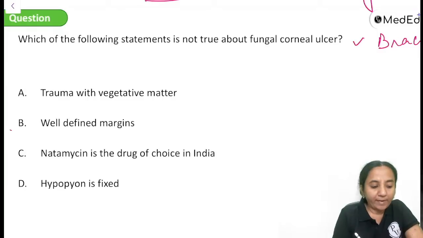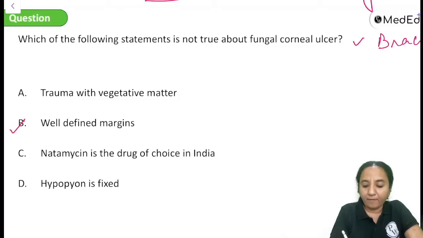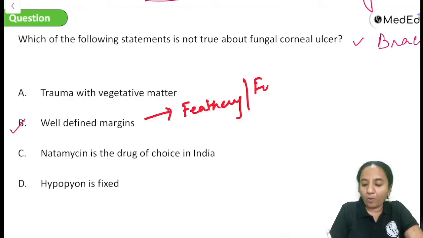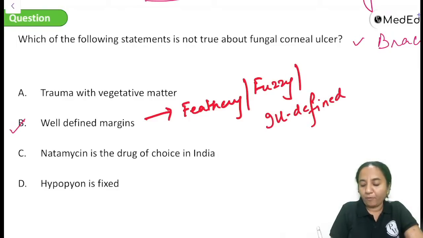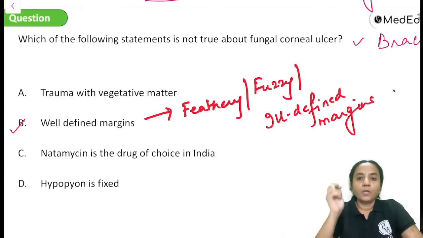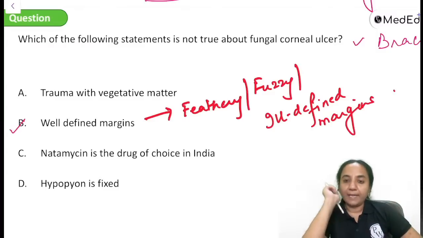The answer is well-defined margins. Well-defined margins are seen in a bacterial corneal ulcer, whereas in fungal corneal ulcer, the margins are typically described as feathery, fuzzy, or ill-defined. So trauma with vegetative matter, that is true.